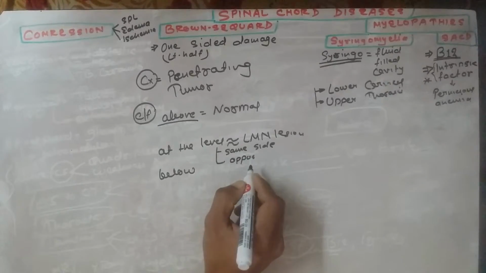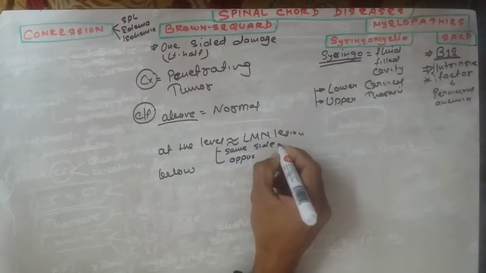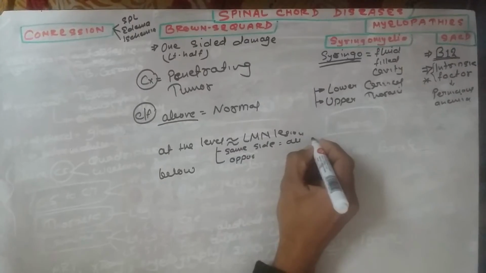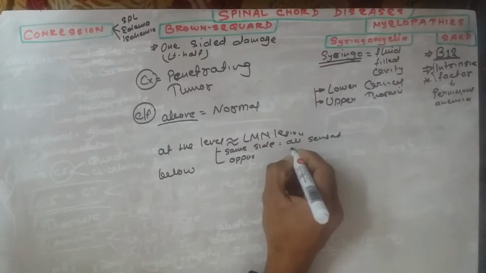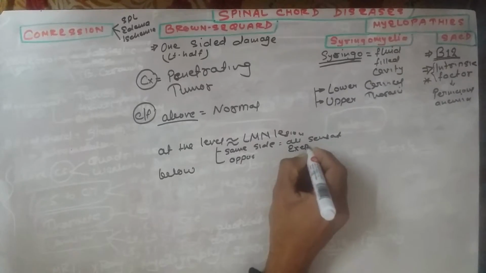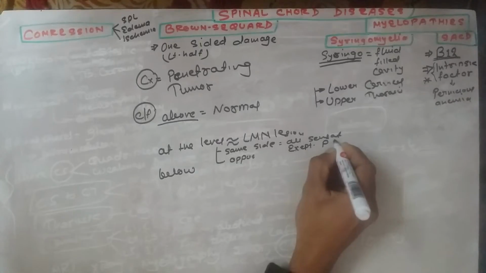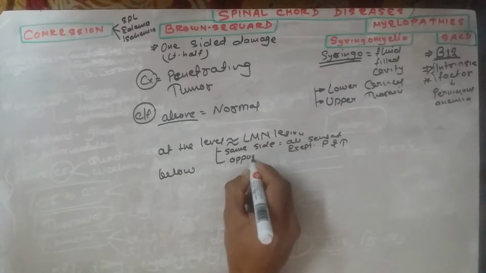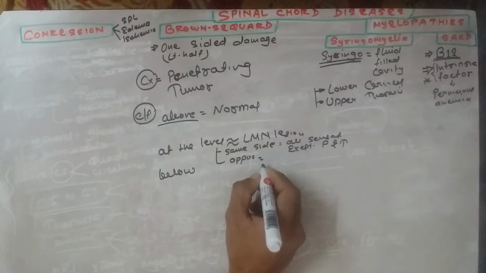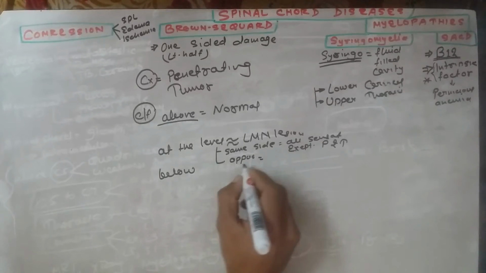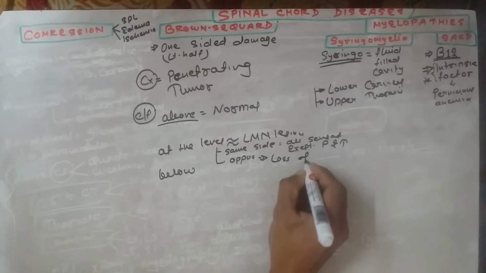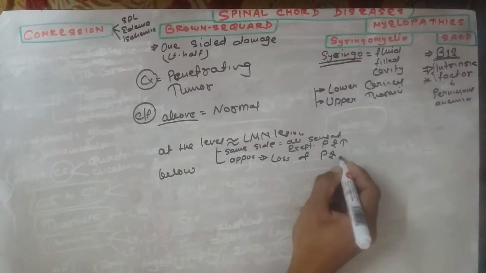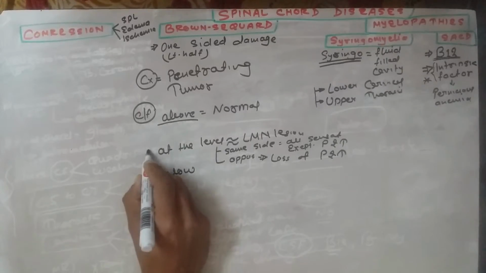On the same side there is loss of all sensation except pain and temperature, whereas on the opposite side there is loss of only pain and temperature. What did we see at the level of the lesion?